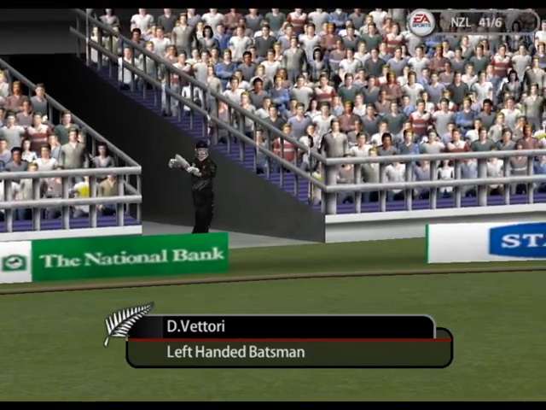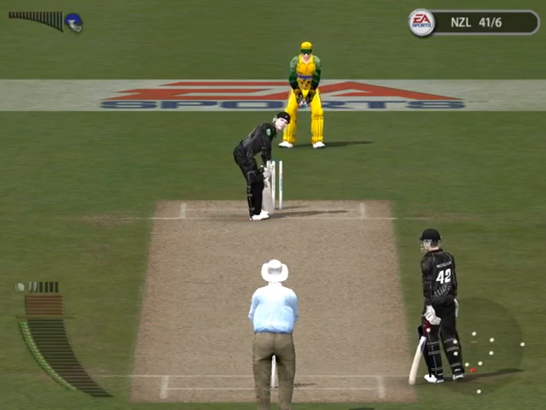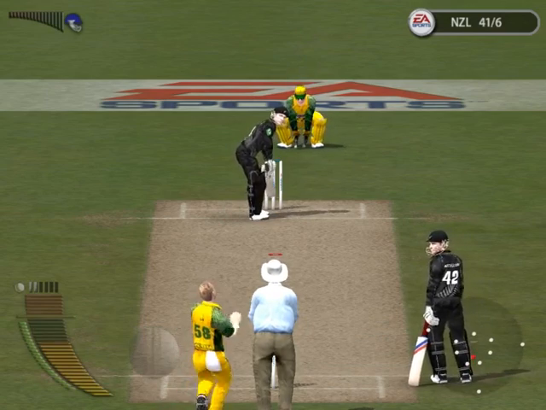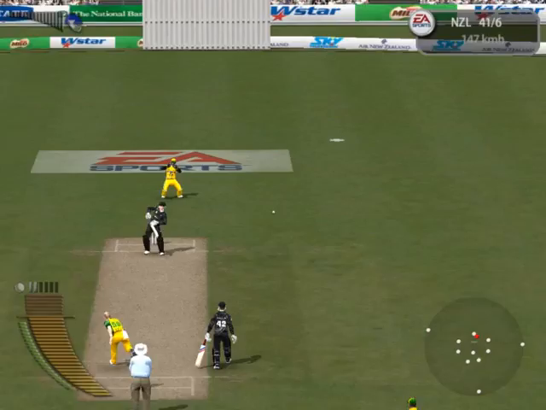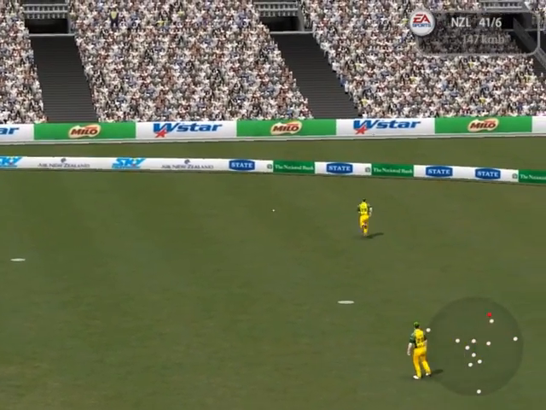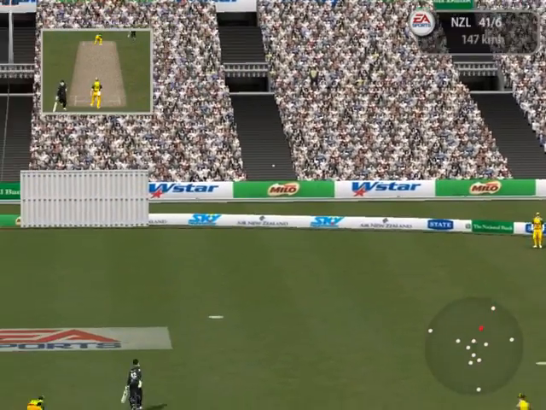Vettori comes in at number 7. Lee at the start of his run-up. He's winded, but I think he'll be okay to continue. Ooh, that looked quite nasty. That came off the pads.